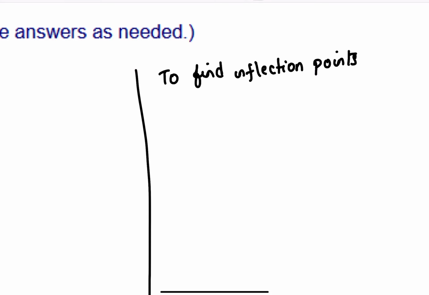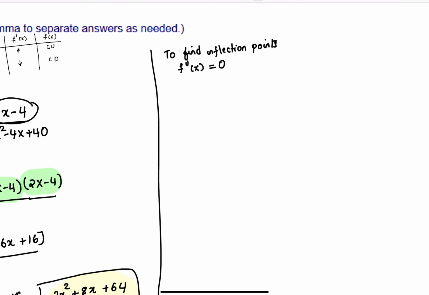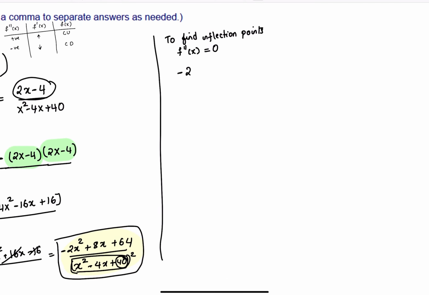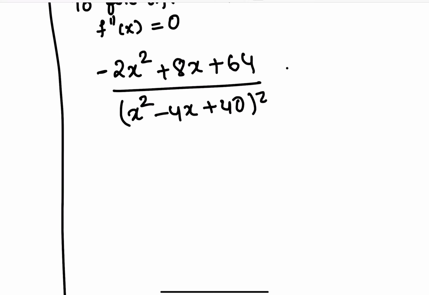I'm going to set my second derivative equal to 0, which is negative 2x squared plus 8x plus 64 over x squared minus 4x plus 40 whole squared. When I set this whole thing equal to 0 and cross multiply, I am only left with negative 2x squared plus 8x plus 64 equal to 0.